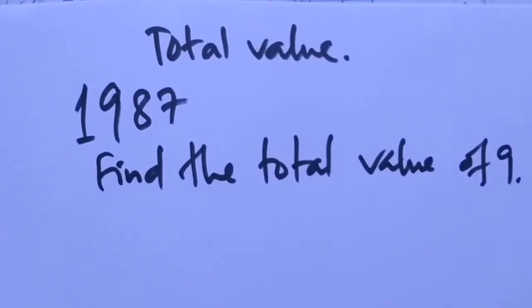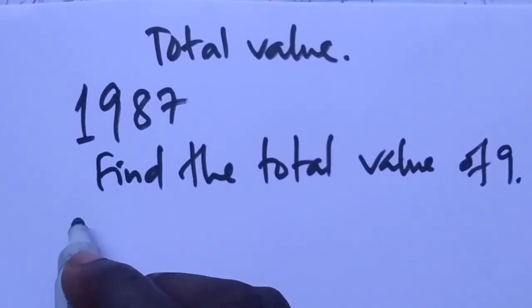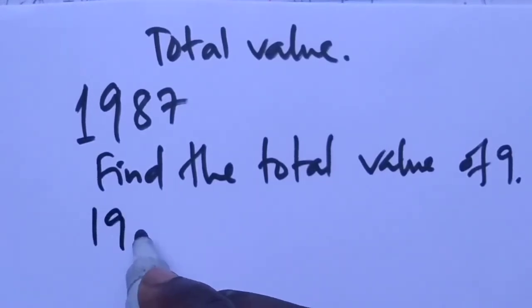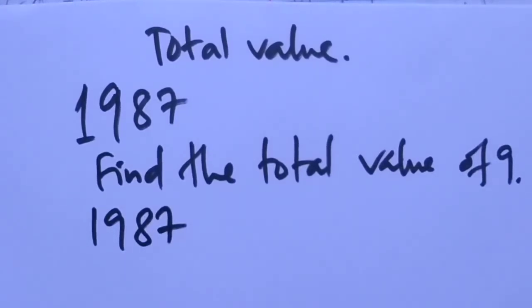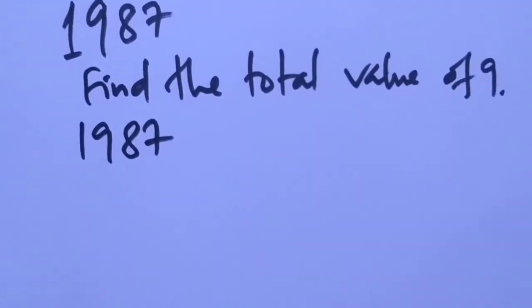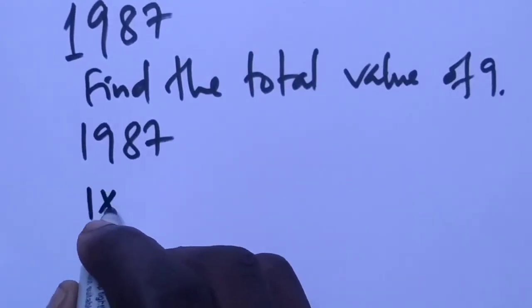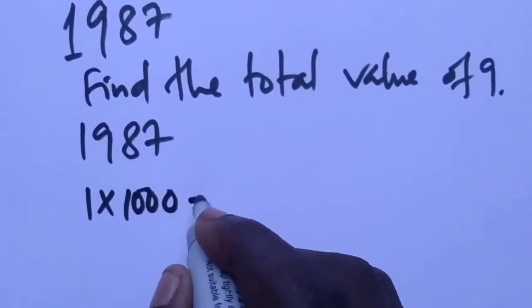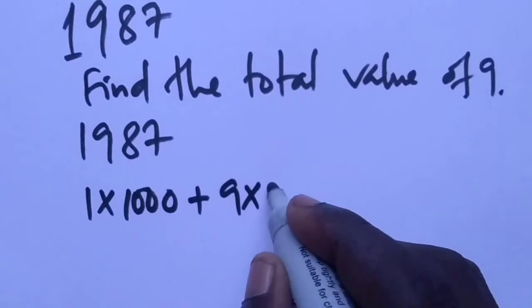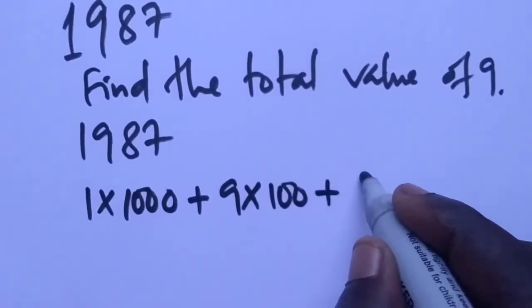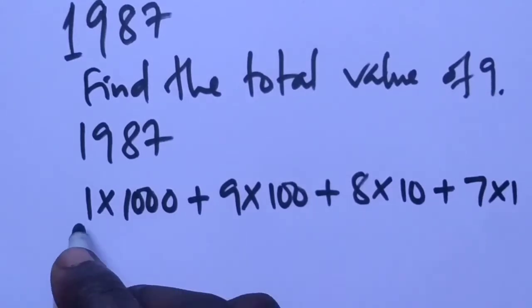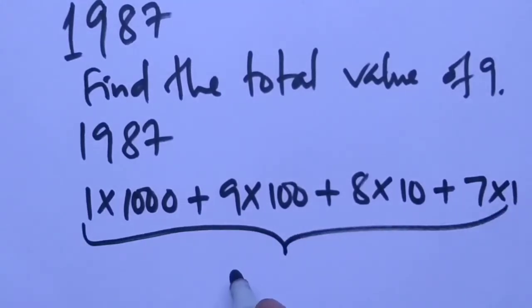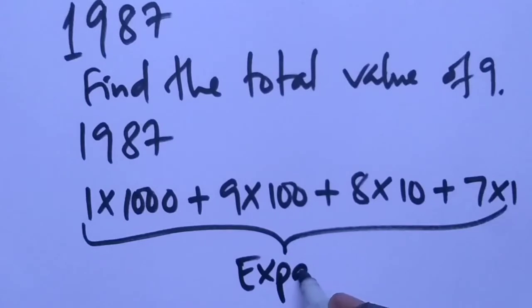Total value of 9 inakuwa ni ngapi? As we have 1987, from here tulisema the expanded form of this number inakuwa ni 1 times 1000 plus 9 times 100 plus 8 times 10 plus 7 times 1. This is the expanded form of a number.